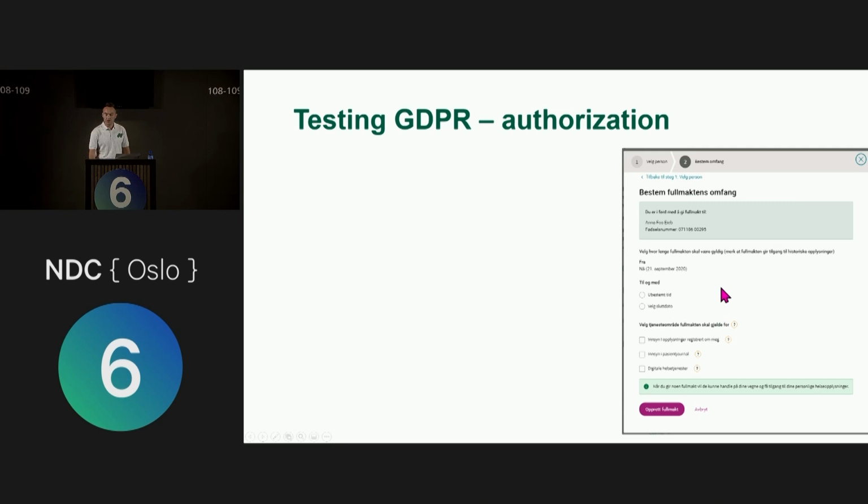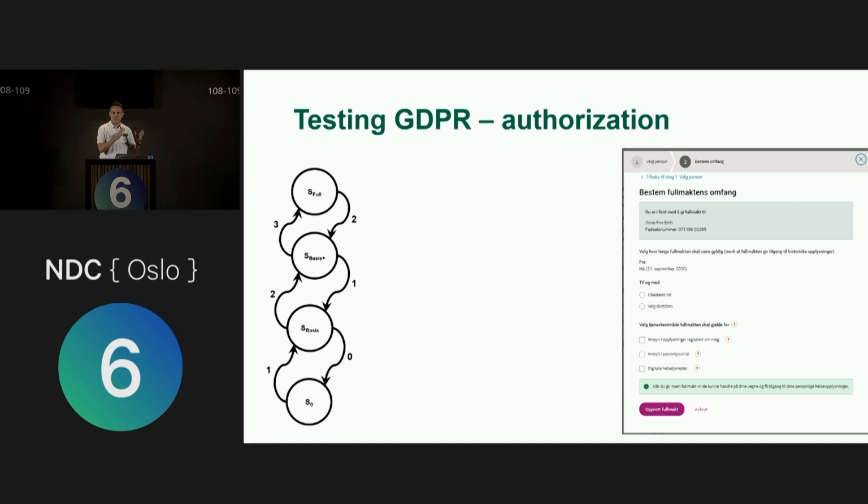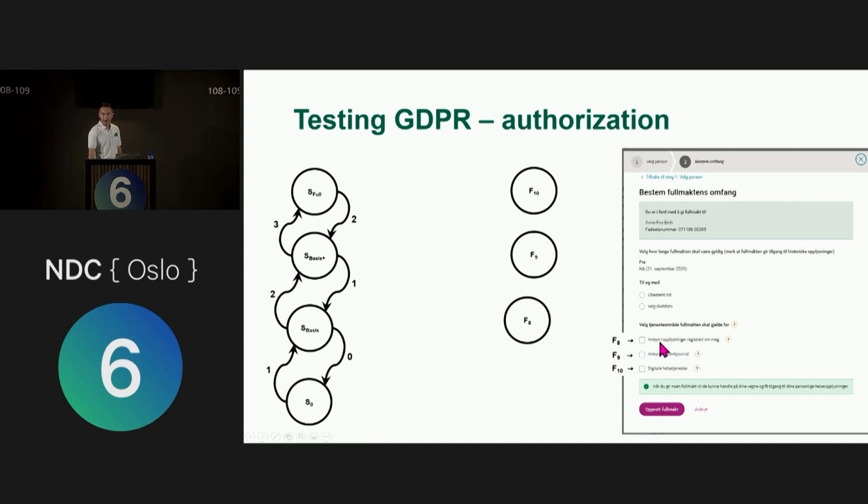We also drew a graphical representation for this functionality. And authorization depends on the consent level. That's why I have this picture again. So this is changing authorization. Again, there are 3 authorization areas in the portal, and I call them F8, F9, and F10.